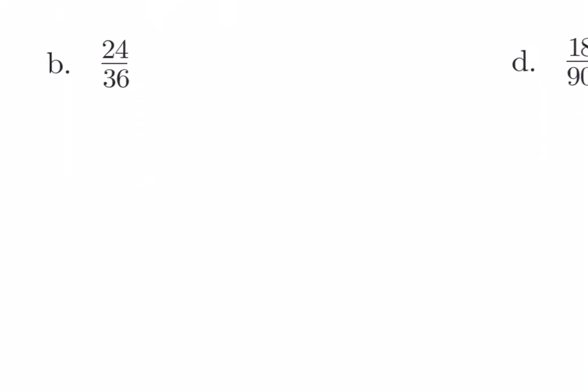All right, if we look at example B, what is a number that divides into 24 and 36? The one that I come up with is 6. If we divide 24 and 36 by 6, we get 4 over 6. 4 over 6 is not in lowest terms.